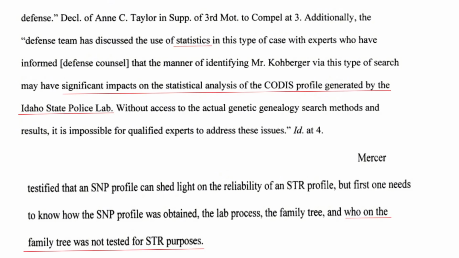Now let's look at Stephen Mercer. Mercer testified that an SNP profile can shed light on the reliability of an STR profile. But first, one needs to know how the SNP profile was obtained, the lab process, the family tree, and who on the family tree was not tested for STR purposes.